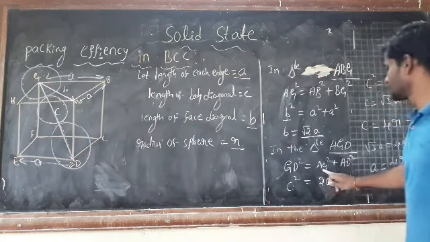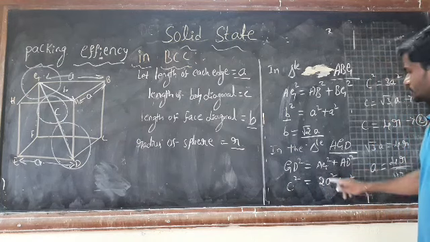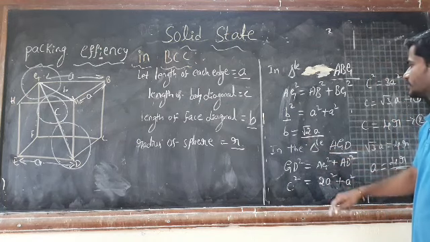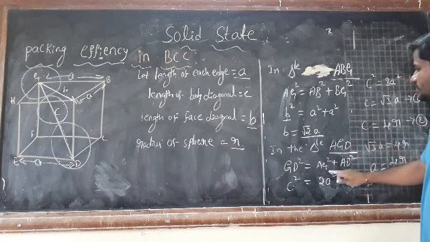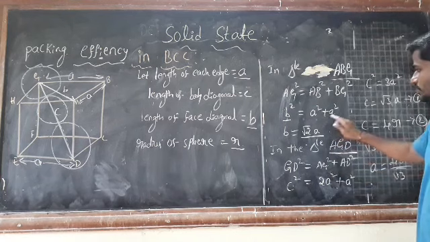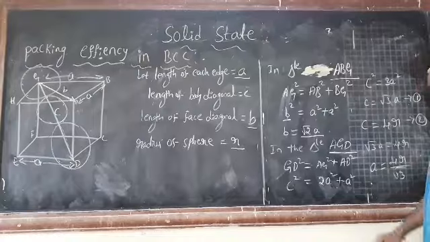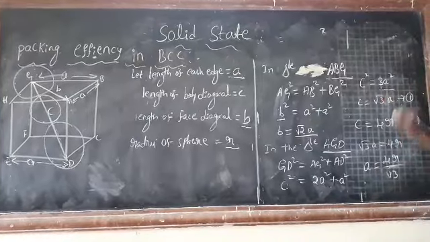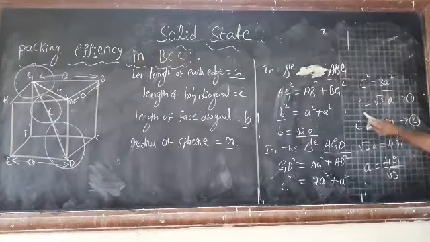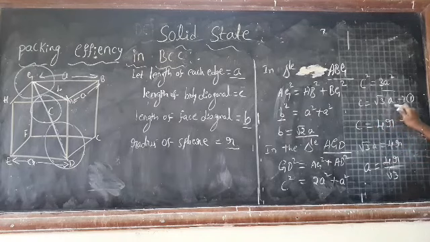We have already calculated AG square, which is 2A square, plus AD square is A square. So C square is equal to 3A square, C is equal to square root of 3 into A. This is considered as equation 1.